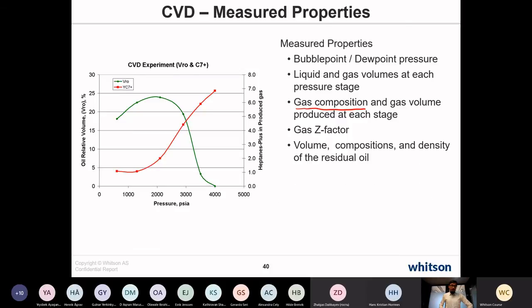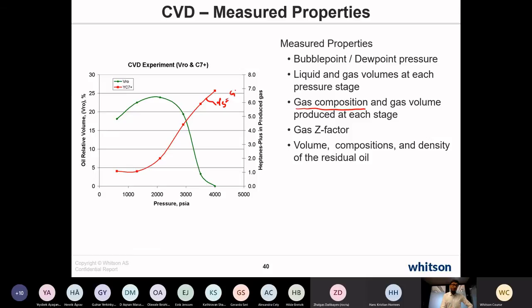And that's something that's represented here. So this is the C7 plus of the equilibrium gas phase, and we will see later on that this very closely represents your little RS curve, which is the CGR.